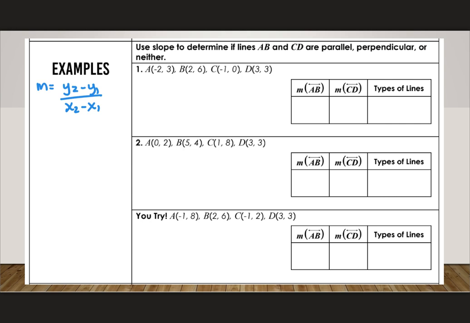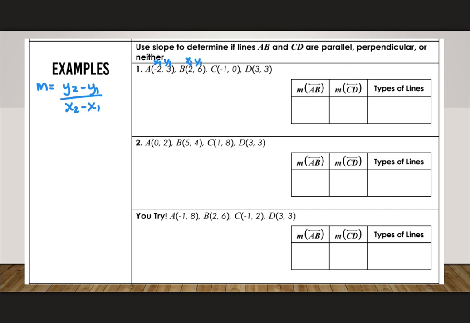So you don't have to memorize it really, but it's one of those that you use so much you'll probably remember it anyway. All right, so we're going to go ahead and assign our little points. So for AB, A is x1, y1. And for point B, this is going to be x2, y2. So we'll put y's on top.